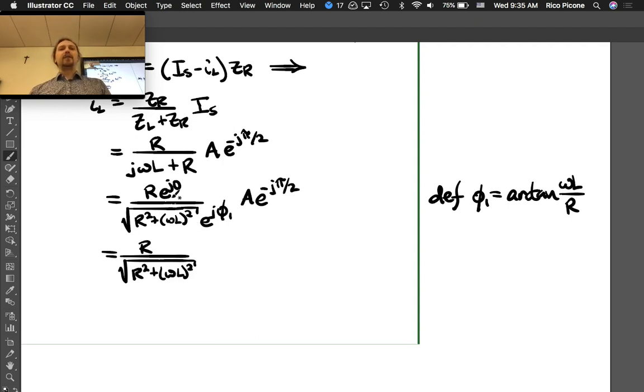The phase is, so remember when you divide exponentials, you subtract the denominator exponent from the numerator exponent. So you get e to the what?